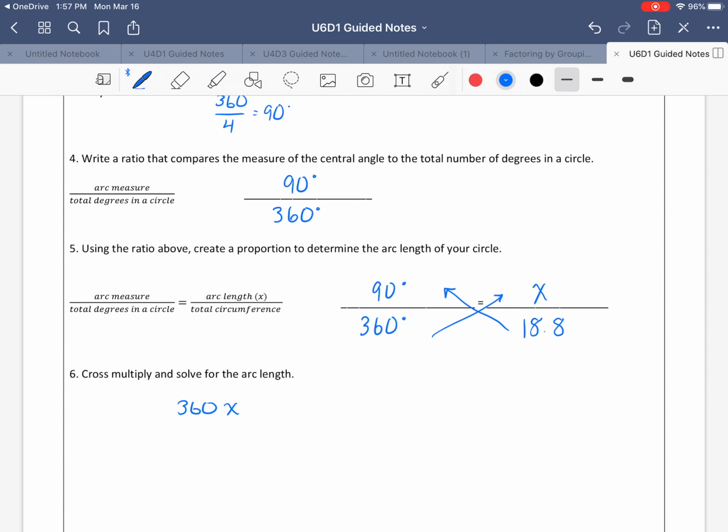In order to solve proportions, we cross multiply. So we have 360x equals 90 multiplied by 18.8. So we get 360x equals 1696.46. And then to solve, we divide by 360 on both sides.